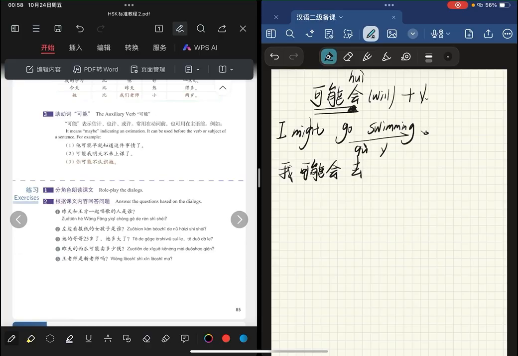Swimming is 游泳. I might go swimming: 我可能会去游泳. Okay? And I can also have another plan. I might go sing.